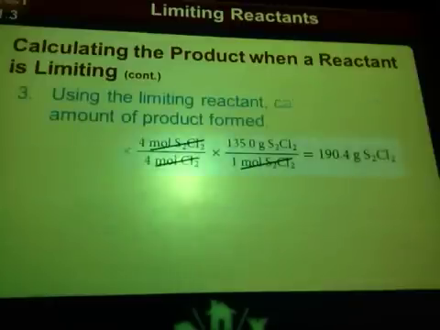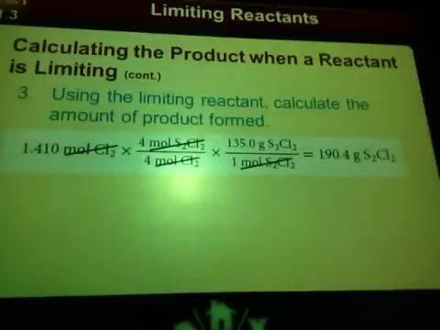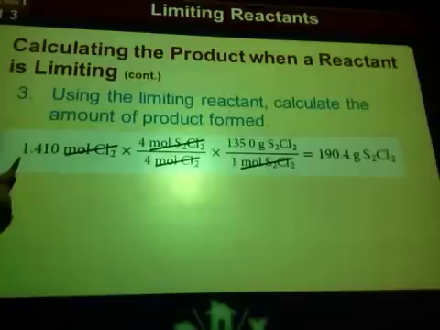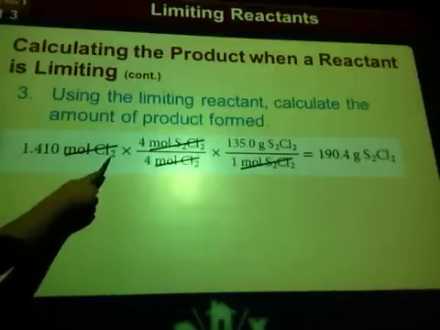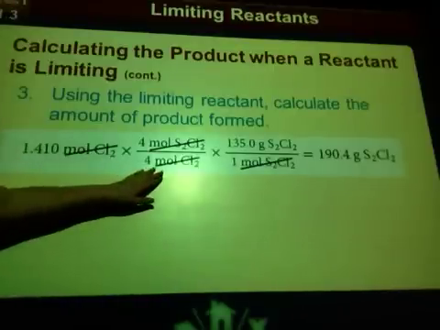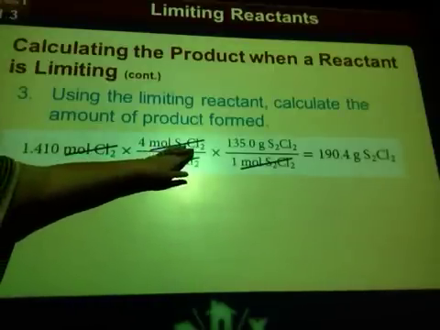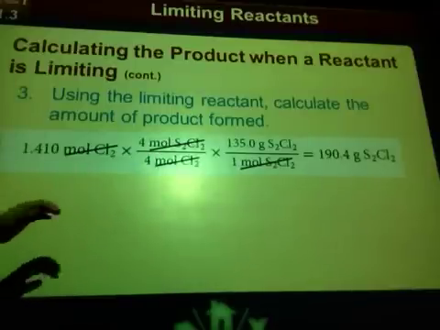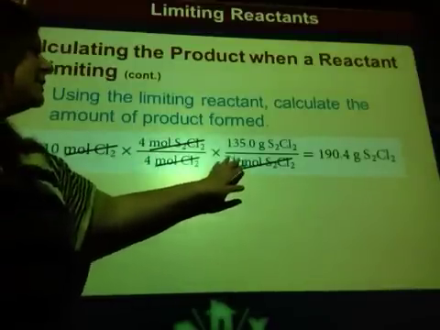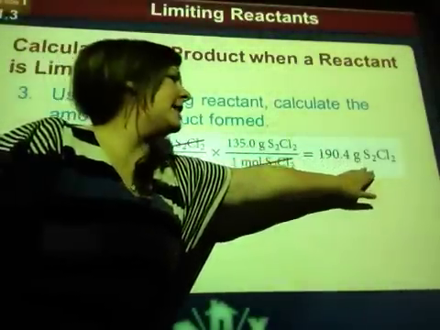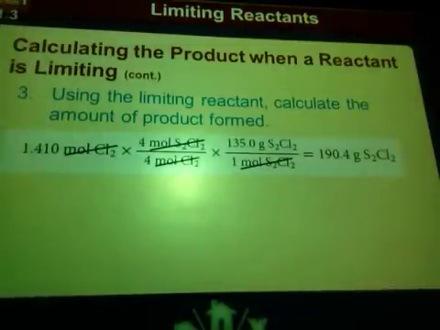My third step is to find the mass of the product formed. Remember, we started off here with 1.41 moles of chlorine. I used a mole ratio to get to moles of disulfur dichloride. And then I can go back to molar mass to find grams of disulfur dichloride produced.